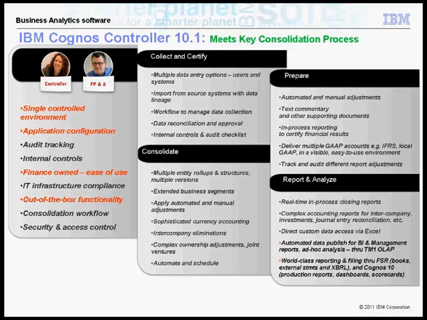Controller will automatically do the elimination for you. There is no VB coding done in the background. It's very simple, and so that makes it finance owned and operated, which basically means they don't have to rely on IT. And obviously finance departments love that.